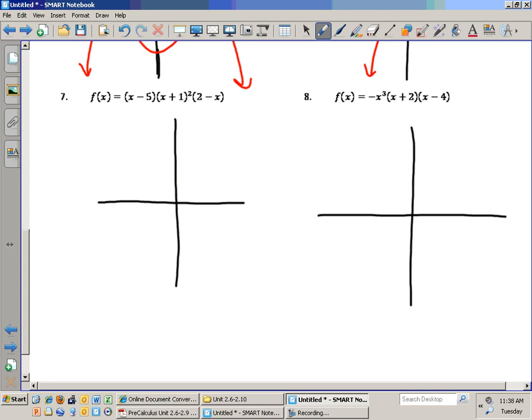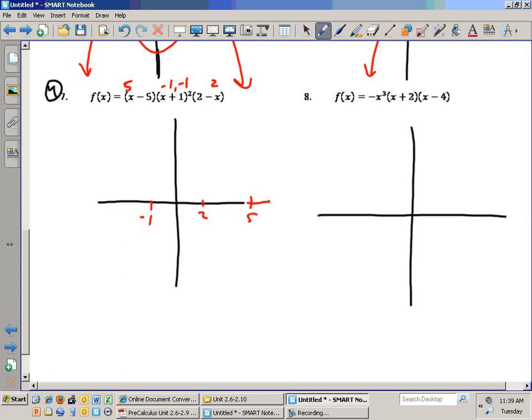What degree is number 7? Fourth degree. Is it going to be positive or negative? It's going to be negative due to the negative x there. What are my zeros? 5, 2, and -1, -1. Very good. So I'll plot those at -1, 2, and 5.